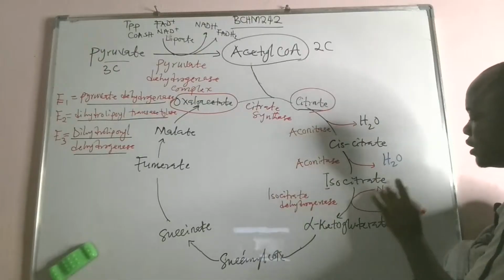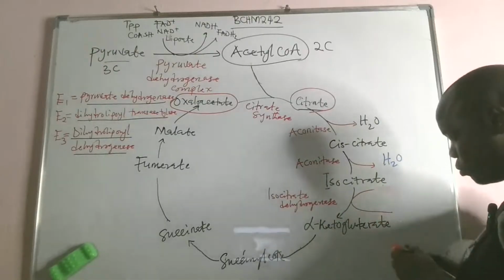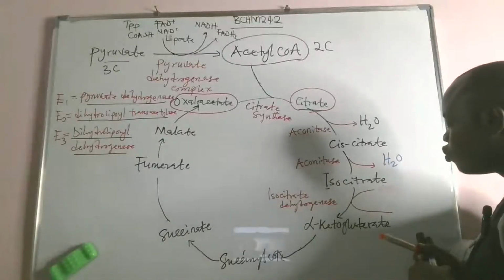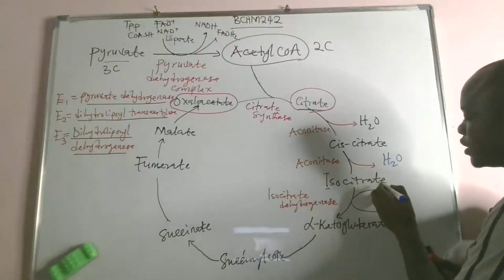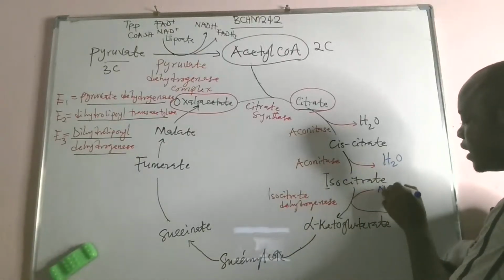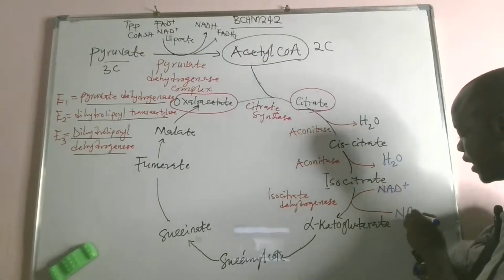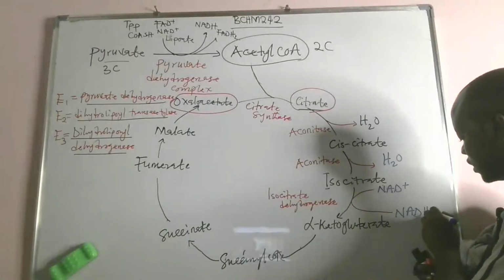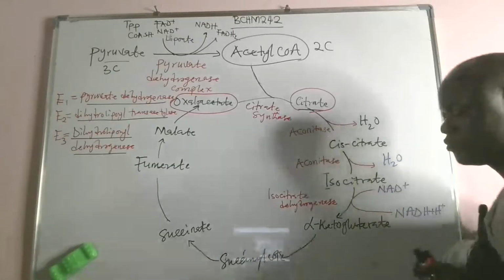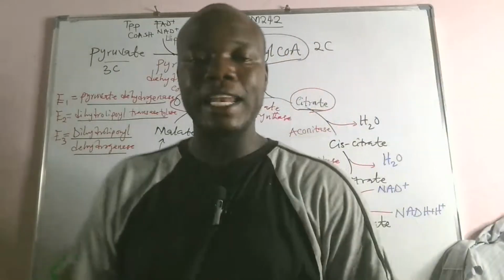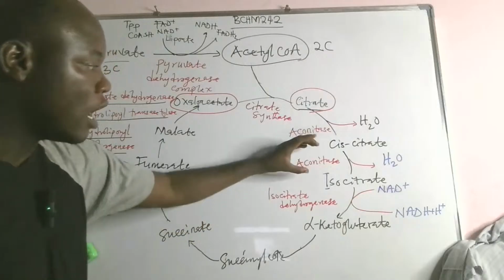Let me use a blue marker for products that are released. So NAD plus will be converted into NADH plus H. So that is why I said you should never forget this step.